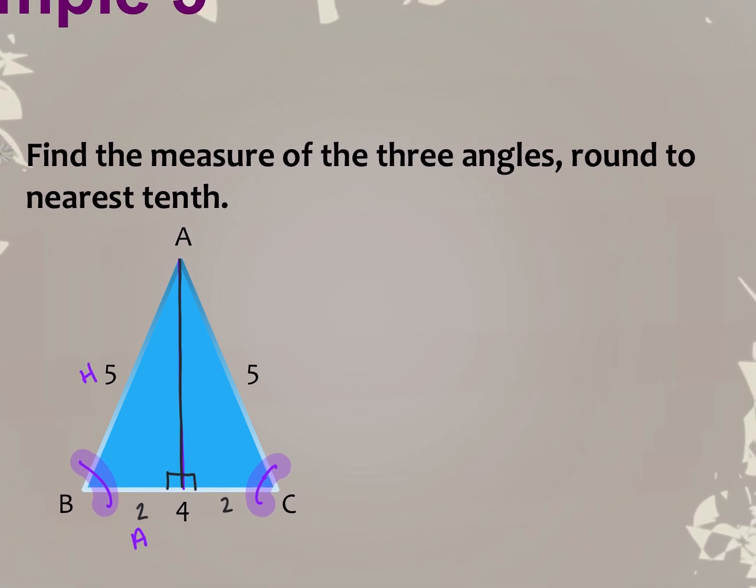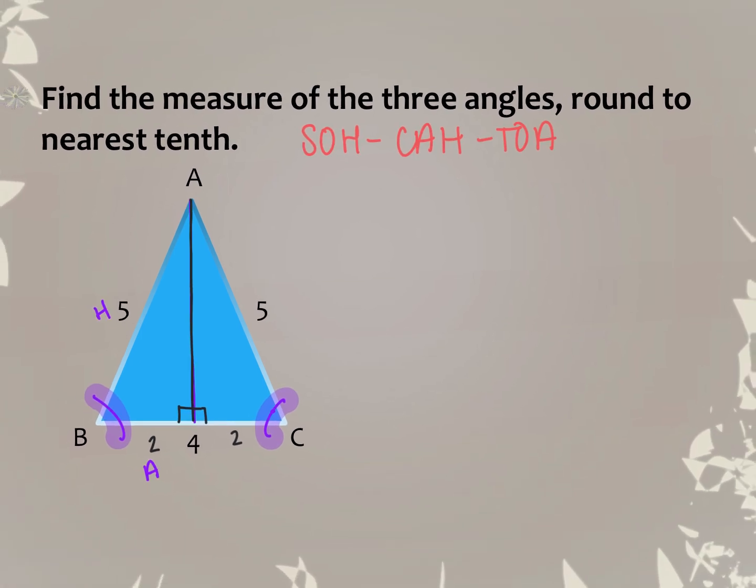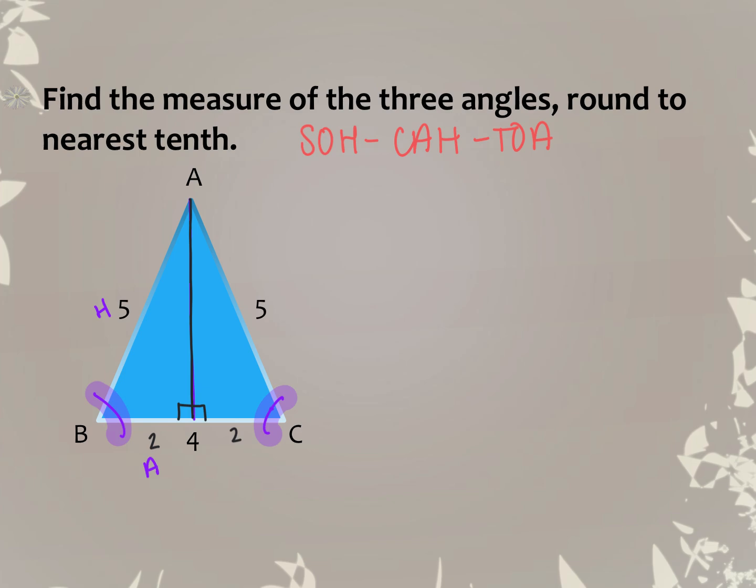So let me go ahead and write my SOHCAHTOA. So which one am I going to use? Sine, cosine, or tangent? Am I using sine, cosine, or tangent to solve for angle B? Good, I'm going to use cosine.